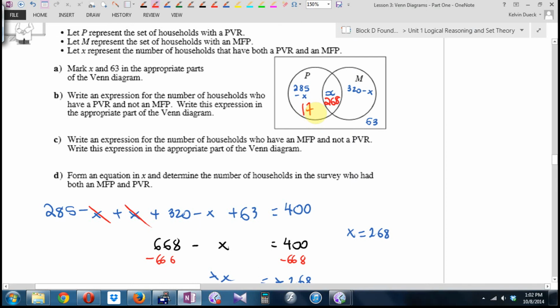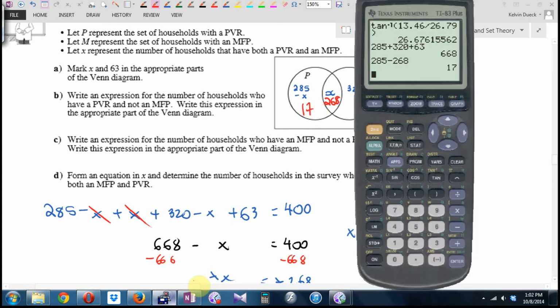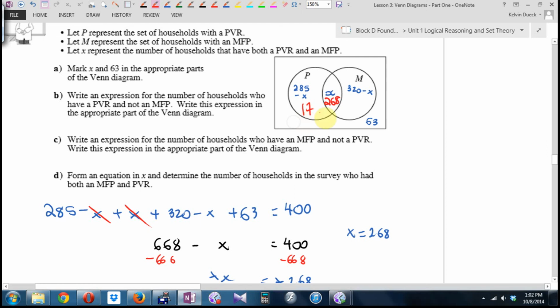How many have a printer but not a PVR? 52. And if you check the 3 red numbers plus the blue 63, that better add to 400. Double check real quick, but that's my final check. Does it? Yep. Okay.